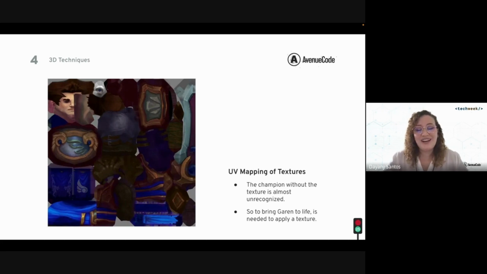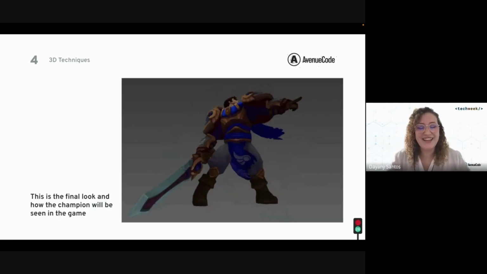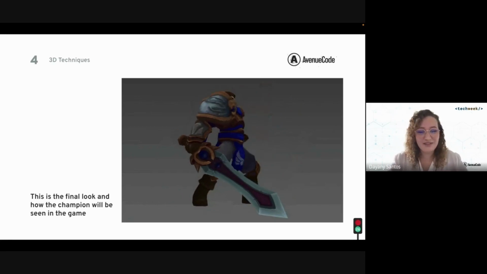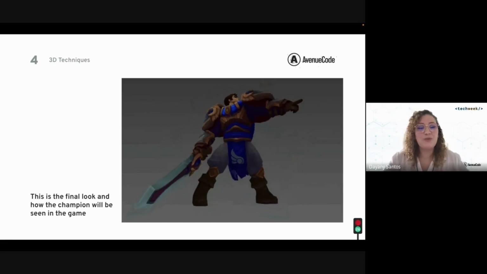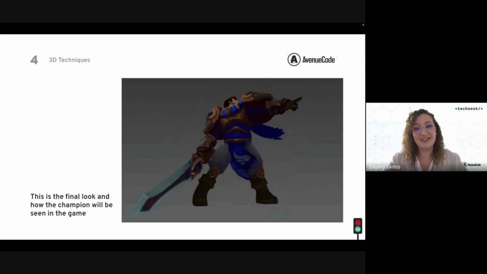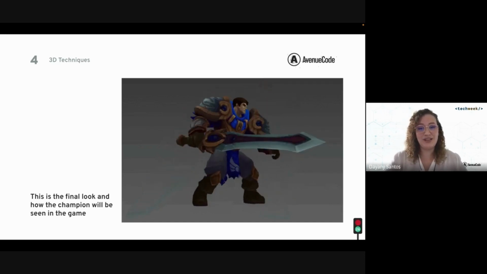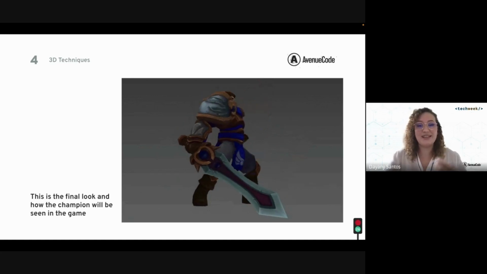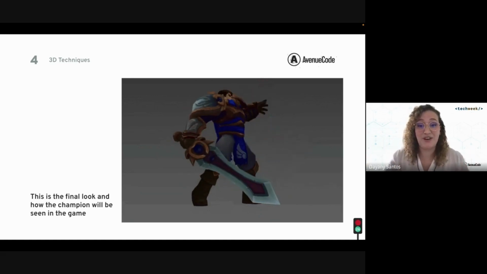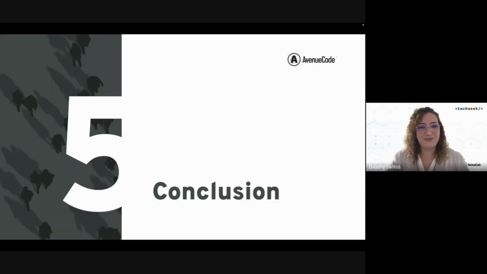So to bring Garen to life, we need to apply a texture, this crazy texture. So now we can finally see the final look of the champion that will be seen in the game. He is clearer, and we can associate him with his character. We can see now that he is a warrior and a champion of League of Legends.